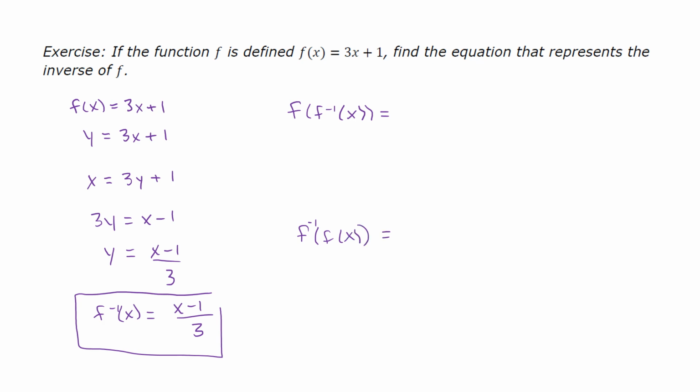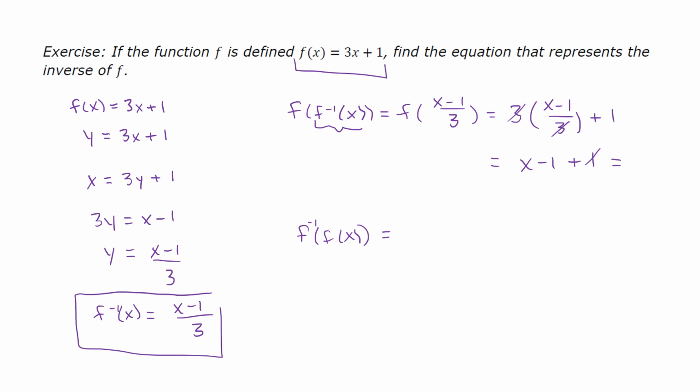So since I know that the inverse of f is x minus 1 over 3, I'm going to substitute that into my f of x function, which is 3x plus 1. So now I have 3 times x minus 1 over 3 plus 1. The 3's cancel, so I have x minus 1 plus 1. The 1 and negative 1 cancel, leaving me with just x.